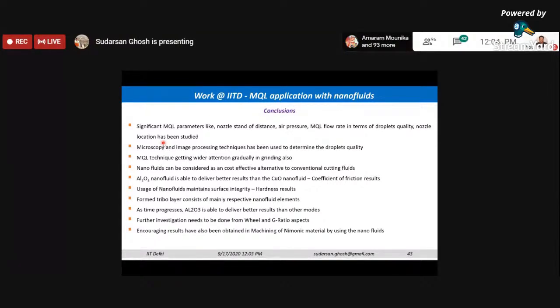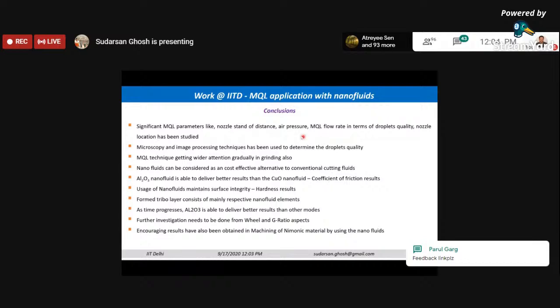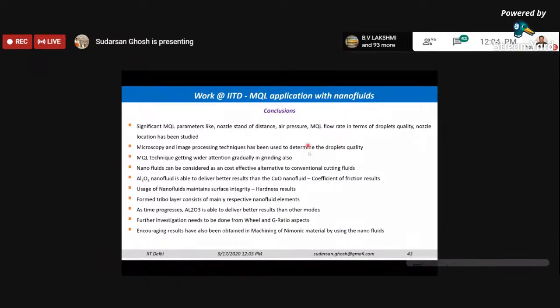But before applying the MQL, we need to optimize some of the MQL parameters like nozzle distance, standoff distance, the pressure to be used, and the flow rate, so that we get good quality droplets. These are something which we have to prefix and then only use the MQL method.